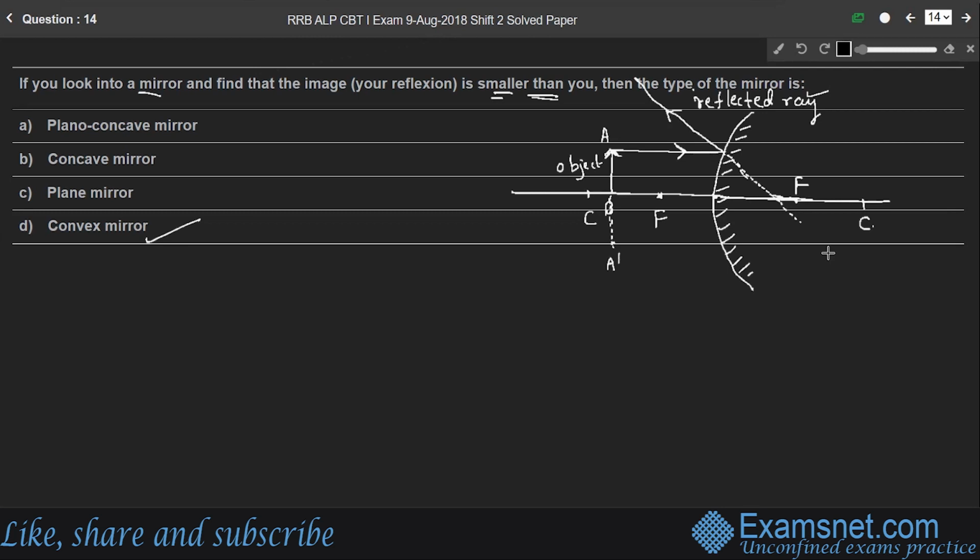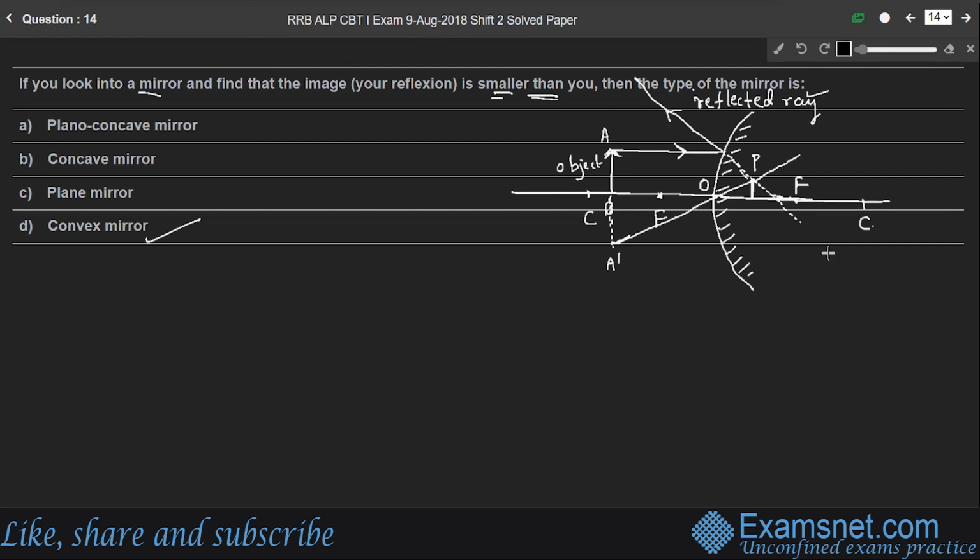From A dash, let us draw a line which passes through the center of the mirror. Let O be the center of the mirror. A ray of light passes through the center of the mirror. It meets the reflected ray which was produced backwards at some point. Let it be P. From P, draw a normal to the horizontal line.